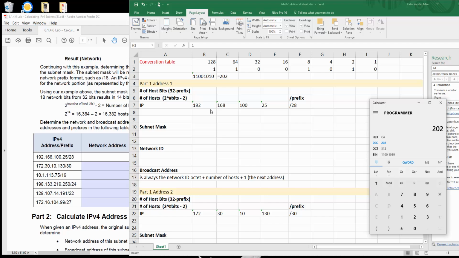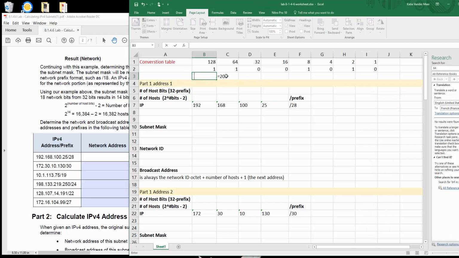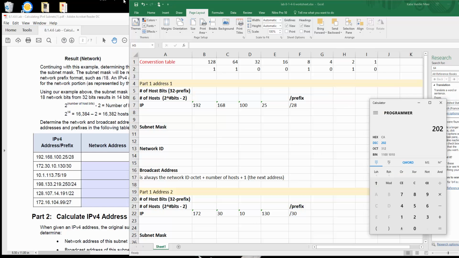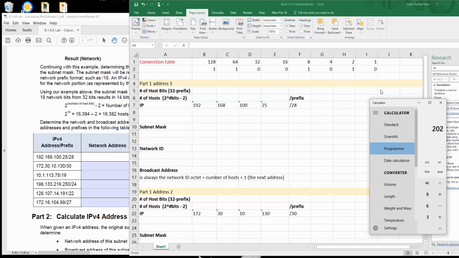You can take any decimal number and figure out the binary equivalent by using subtraction and not addition. So if I want to figure out the binary equivalent of 192, I don't have a scratch pad up, but what you do for this is you subtract.